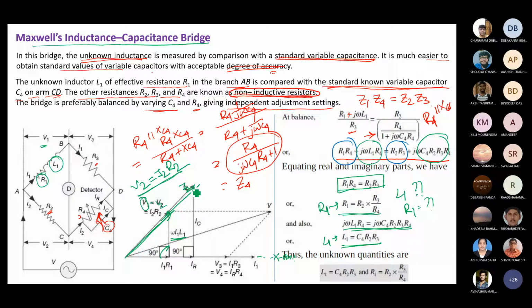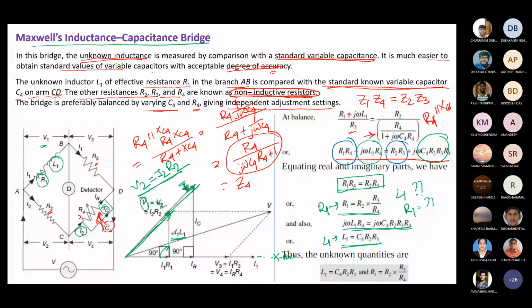Now you'll get the value of I2. I2 equal to what? You know that two currents are there, IR and IC. So I2 equals the vector addition of IR and IC. That point will come, which is the direction of IR.